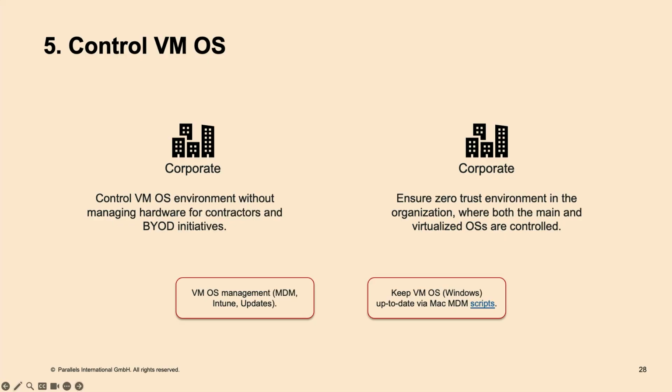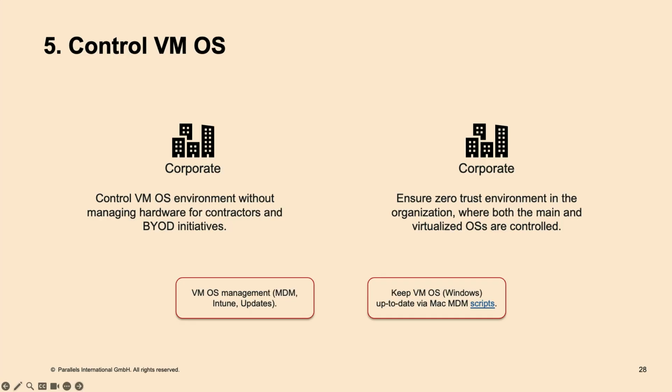Another important step to enable contractors and BYOD scenarios is to control the virtual operating system inside the virtual machine itself. In this case, you don't manage their personal devices, but rather allow access to corporate resources from within the virtual machine.